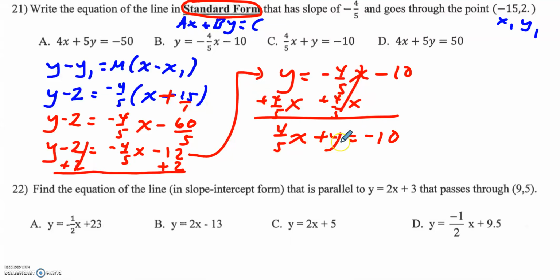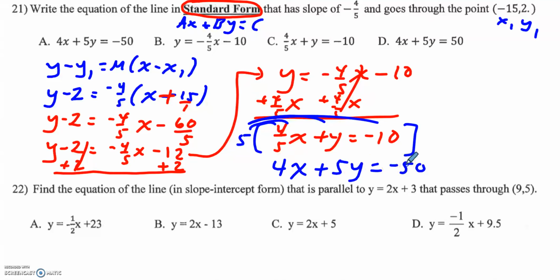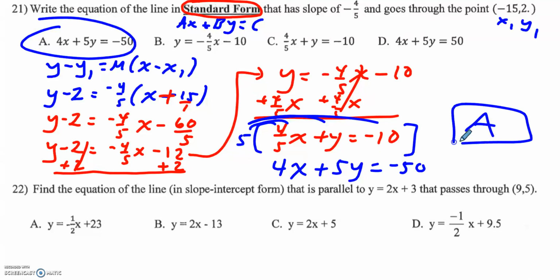We can't have fractions though, so the 5 is the reason that the fraction exists. So what I'm going to do is multiply the entire equation by 5, distribute it to everything, and so my final answer would be, 5 times 4/5 is just 4x plus 5y equals -50, which is A. So my answer is A.